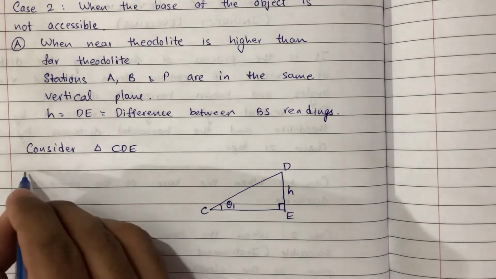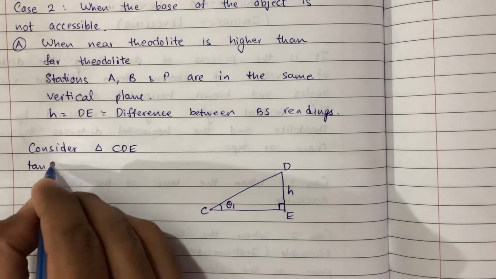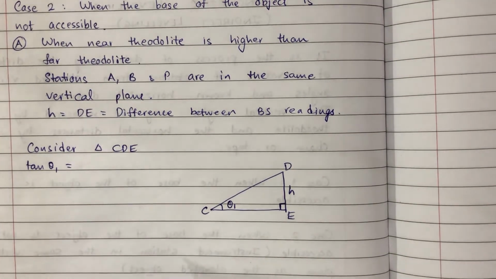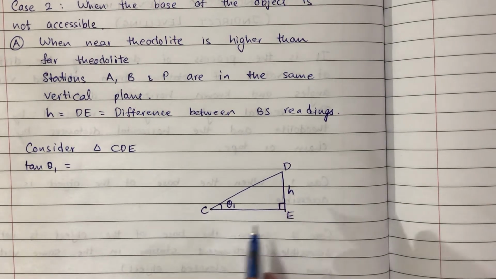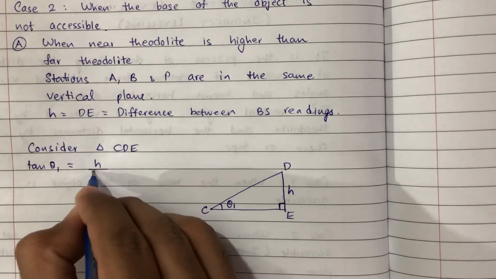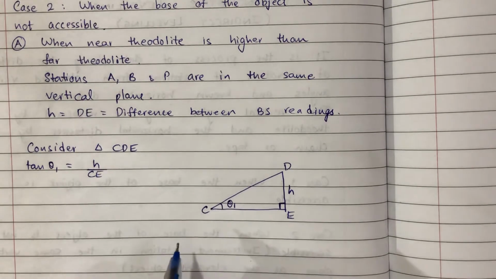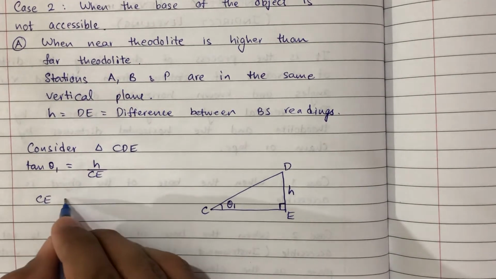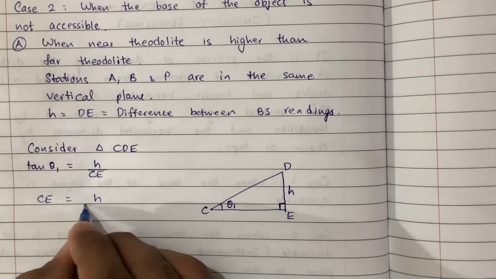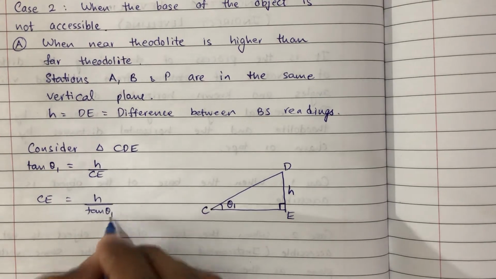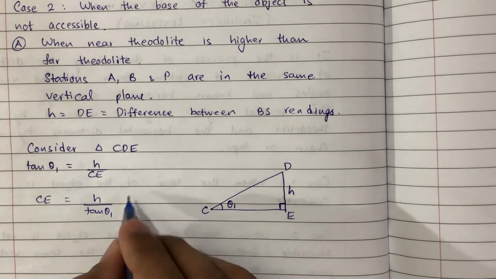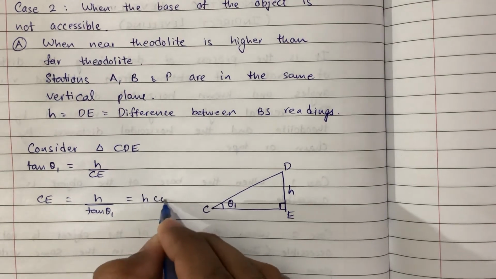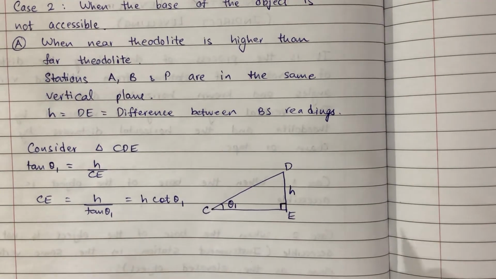So tan theta 1 will be equal to h upon CE. So CE will be equal to h upon tan theta 1, or this could also be written as h cot theta 1 because inverse of tan is cot.